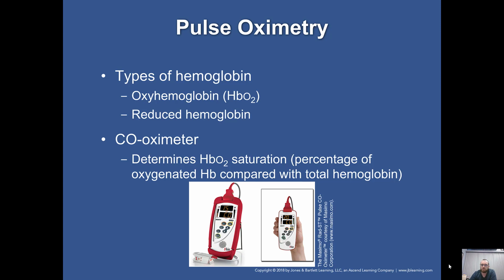But remember, if the hemoglobin's saturated with other stuff like carbon monoxide, all the pulse oximeter is going to see is that the hemoglobin's saturated, right? So those carbon monoxide poisoning patients might have an SpO2 of 100%, but all that hemoglobin is bound up with carbon monoxide. We're not actually circulating any oxygen through. So just that one extra caveat, and carbon monoxide is the big one.